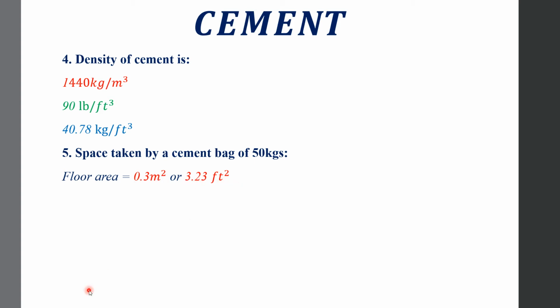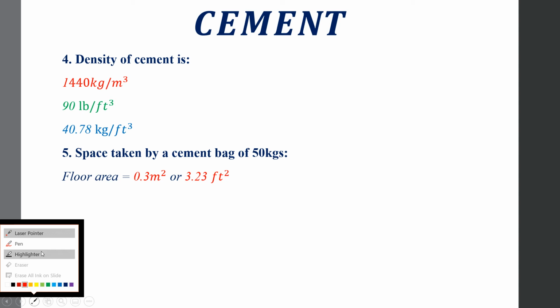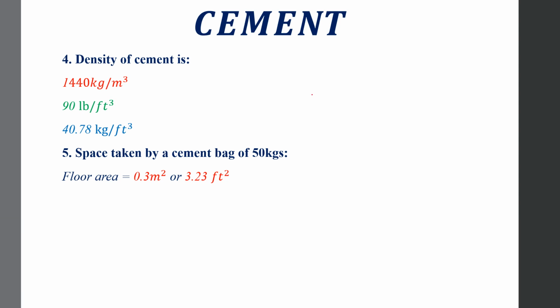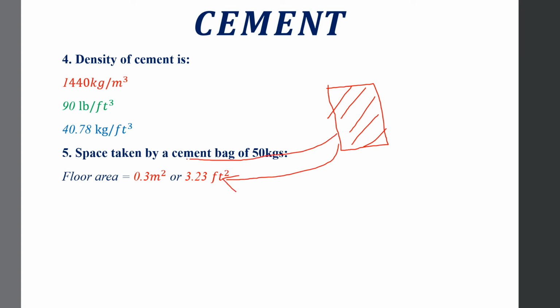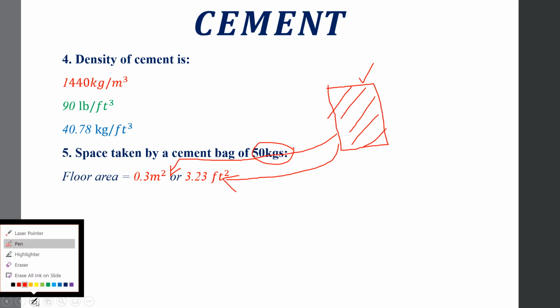If you place a cement bag over the ground surface like this, suppose this is a cement bag, then it will cover this area, which is 3.23 feet square or 0.3 meter square. If you place a 50 kg bag on any surface, its surface area will be 0.3 meter square or 3.23 feet square.